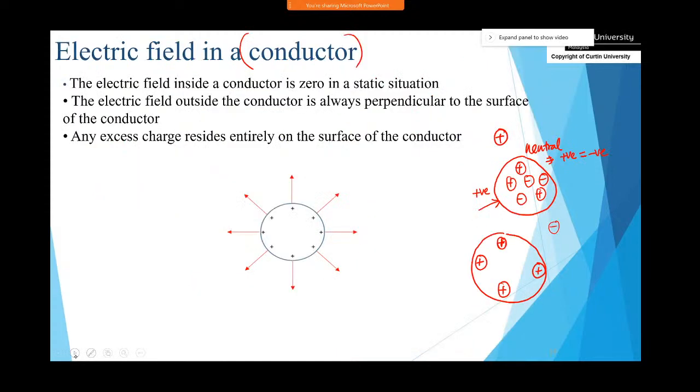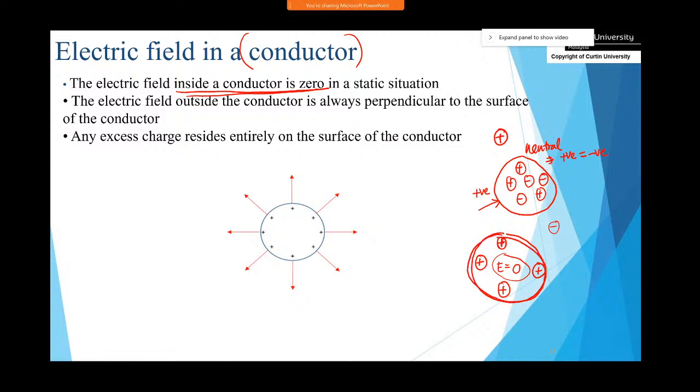Okay, so what happens is there will be a region with zero electric field right at the center. So that's why the electric field inside a conductor is always 0. However, on the surface here, they will be positively charged.